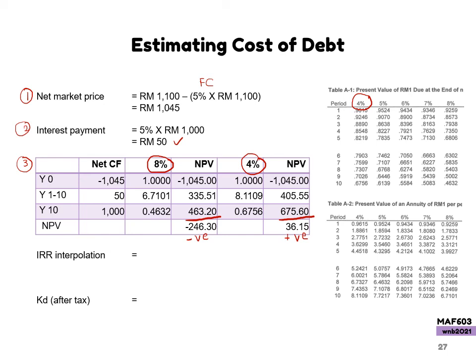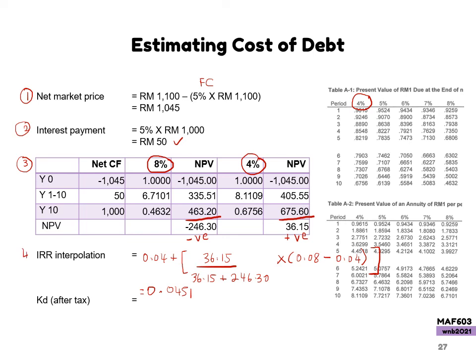Positif rate, rate yang bagi I positif NPV 4%, 0.04 tambah nilai yang positif 36.15 over 36.15 campur nilai yang negatif 246.30 darab higher rate 8 dengan 4, so higher mestilah 8 tolak lower rate 0.04 dan akan dapat IRR sebanyak 0.0451. So, dah dapat this one.